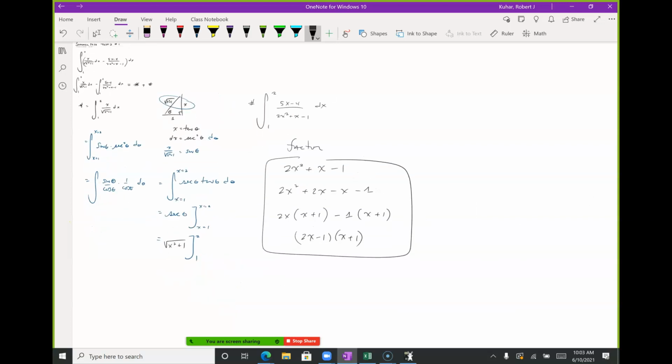If I didn't know how to factor that, I could graph it and see that I hit a 0 at -1 or a 0 at 1/2, and then do synthetic division. But this is just an ax squared plus bx plus c, a split the middle term factoring, right? So I want to set up 5x minus 4 over the 2x minus 1 times the x plus 1. Does anyone need help on that factoring?